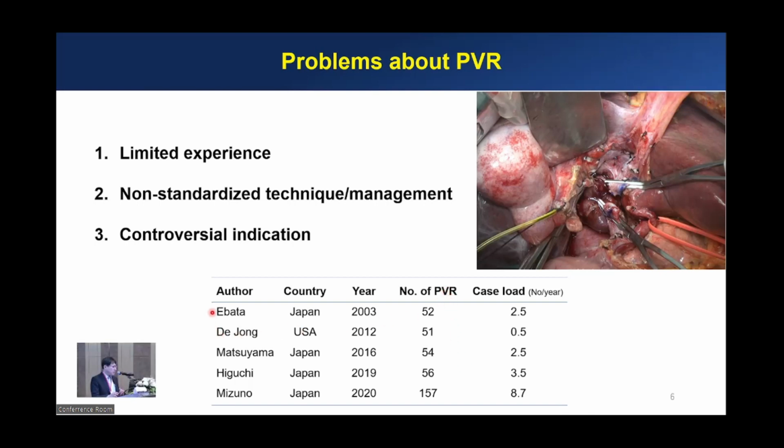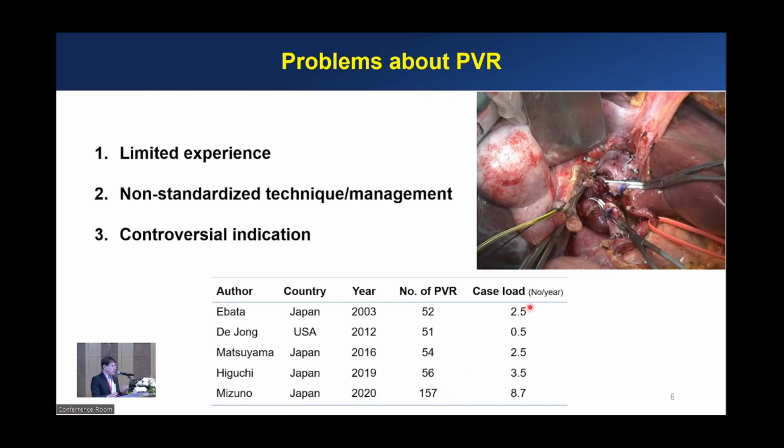For example, Ebata in Nagoya reported 47, and this is about 40 or so, which is very common. And Mizuno, from the Nagoya University report, reached 147 patients of portal vein resection.